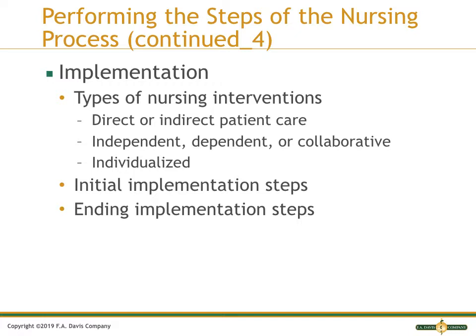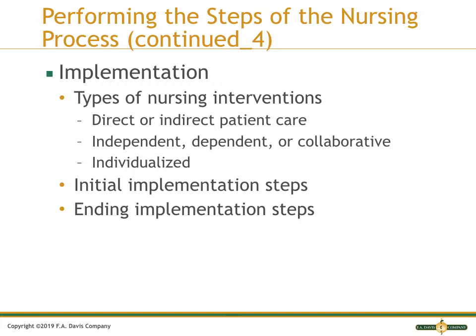Identify your patient using two methods of identification, such as name and date of birth. Always ensure that you're providing ordered care to the correct patient. That's important. Introduce yourself to the patient, explain the procedure, provide privacy, use standard precautions or more strict precautions if necessary, it just depends.